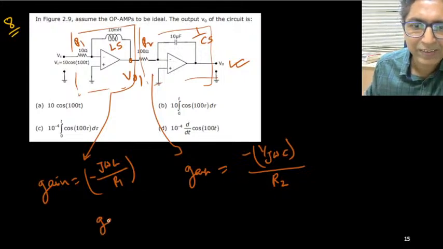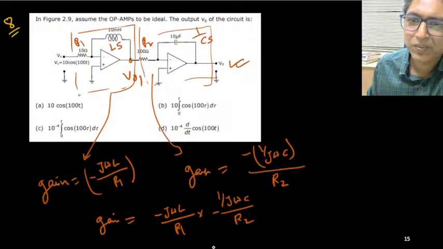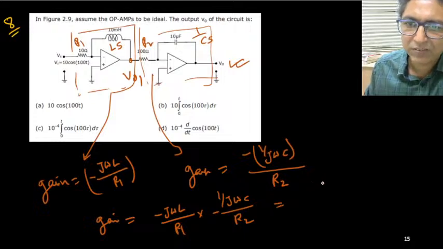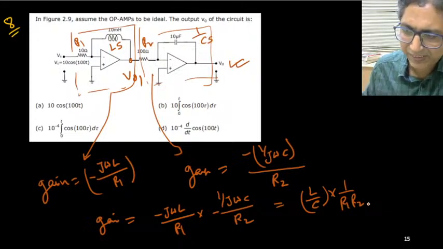So total gain is the product of these two: minus j omega L by R1 times minus 1 upon j omega C upon R2. So omega will cancel out, minus 1 is a plus. So it is simply L by C upon 1 upon R1 R2.